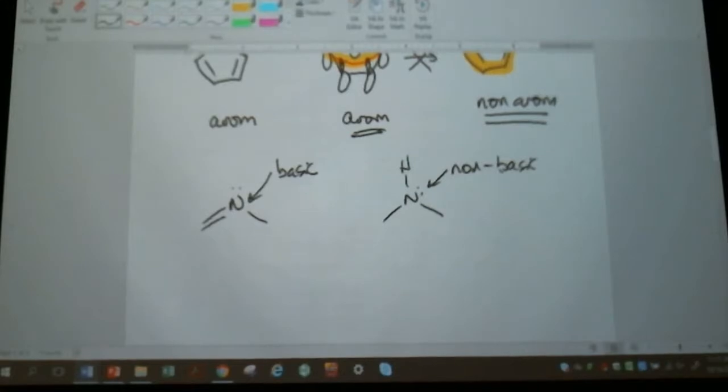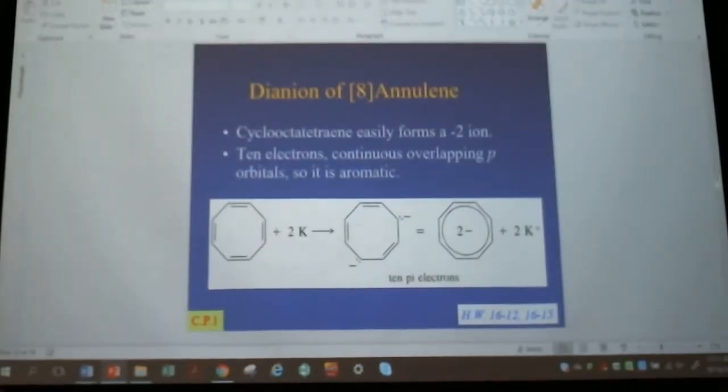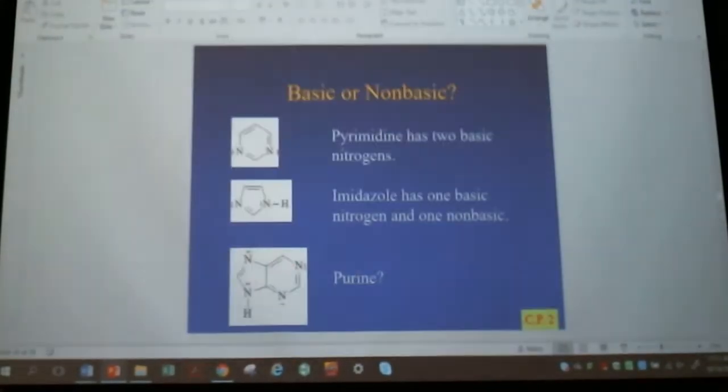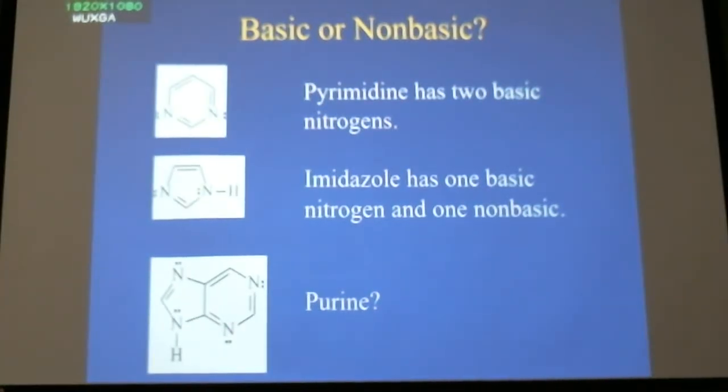Okay? So when you look at molecules like this, this nitrogen has a double bond, this is basic. Double bond, this is basic.